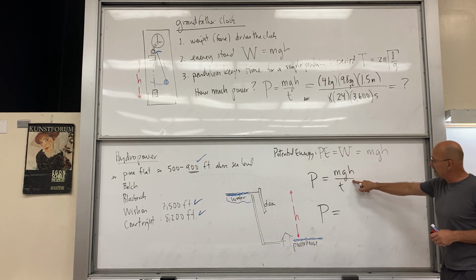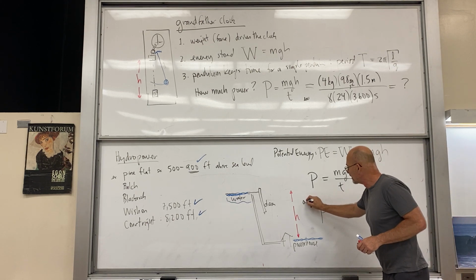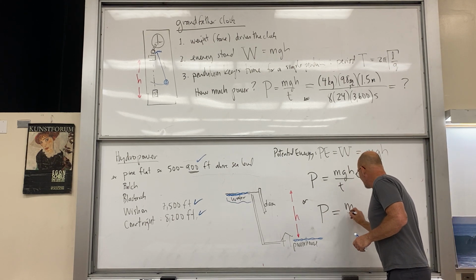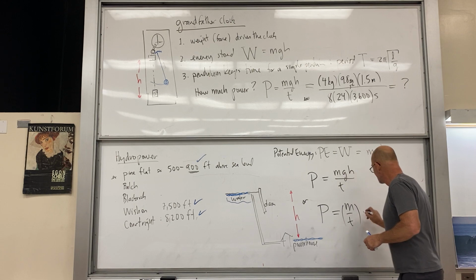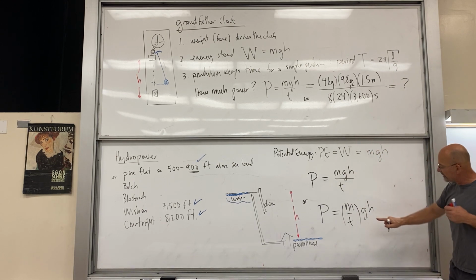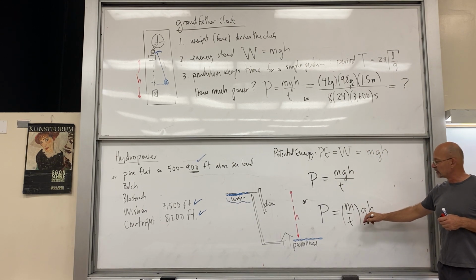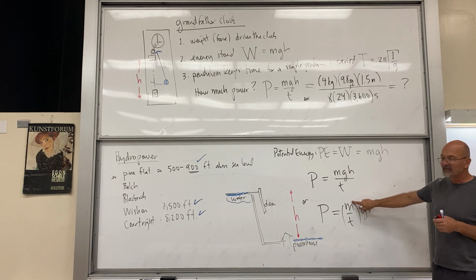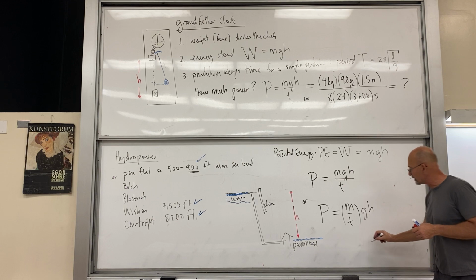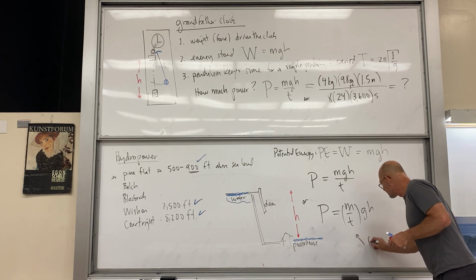You could express this same formula as m divided by t, times g times h. Now this is the flow rate. If you were to read out the units, mass is in kilograms, time in seconds, so it's the flow rate in kilograms per second. Flow rate.